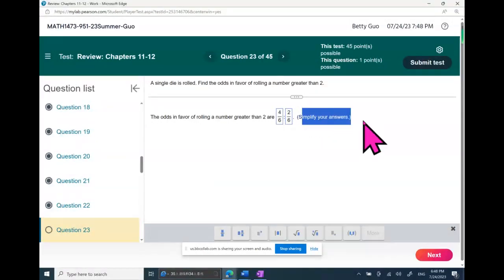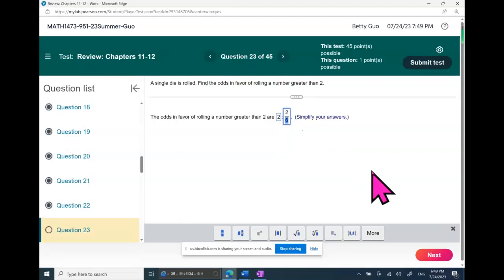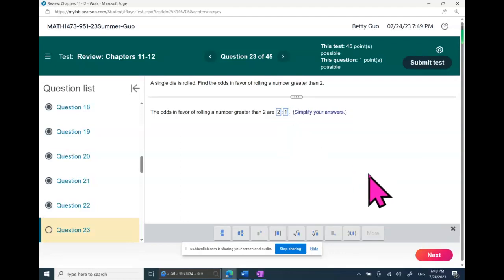We need to simplify your answers. 4 over 6 to 2 over 6, the denominator 6 cancels, and the 4 to 2 is actually 2 to 1. 2 to 1. That's the answer you're supposed to enter. The odds in favor of rolling a number greater than 2 is 2 to 1.